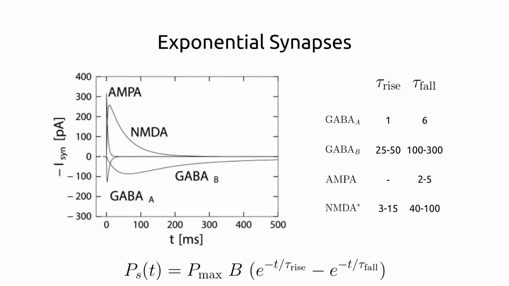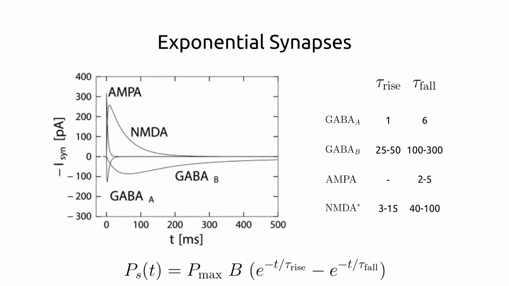But we can actually simplify this even further. For a very small tau rise, that is to say a really sharp jump up like we see here in AMPA, it's basically just an almost vertical straight line. And so we can update the postsynaptic neuron state, instead of by simulating an exponential function, by just adding a constant value.